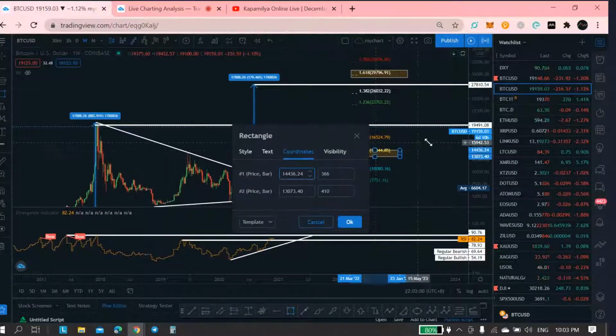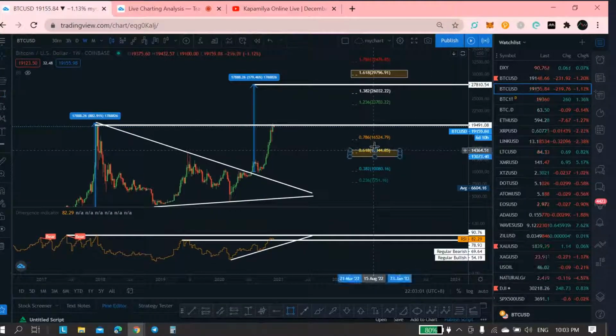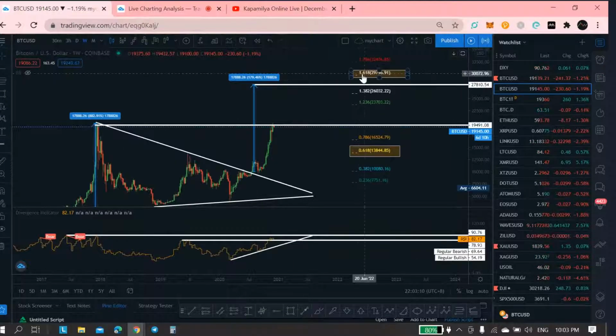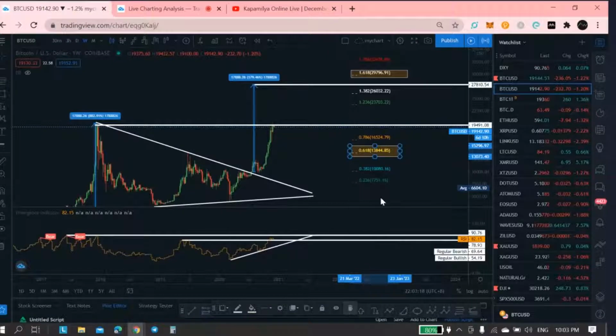So anyway, possibly that area. That's why I've mentioned close to 30,000 area, because that's actually my target, my personal target.